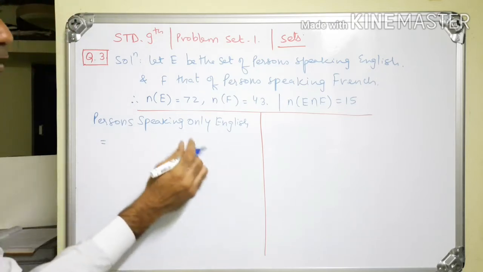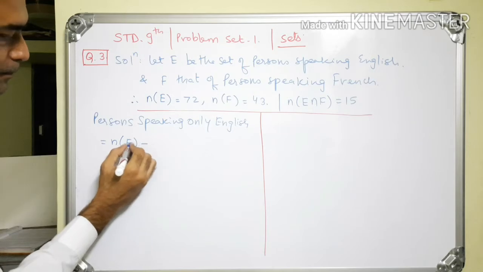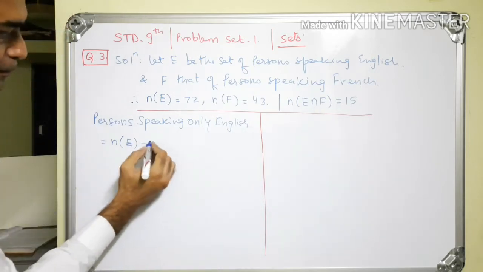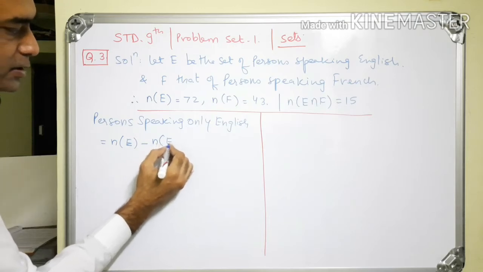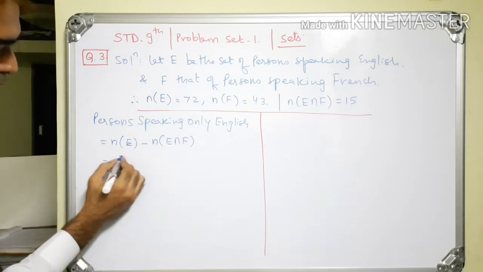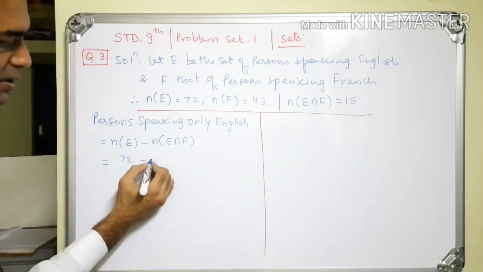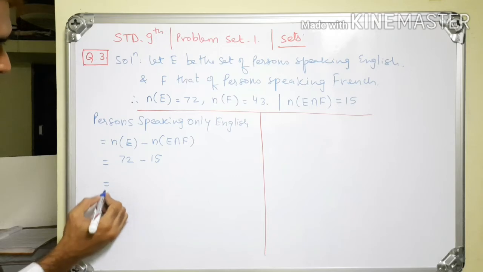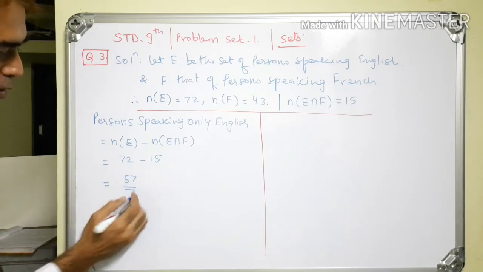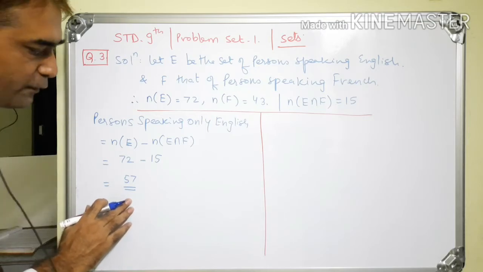Equals the number of elements in set E minus the number of elements in the intersection set, minus the number of elements in set E intersection F, that is equal to 72 minus 15, since 15 speak both the languages. 72 minus 15 is 57. So 57 persons speak only English, they do not speak French.